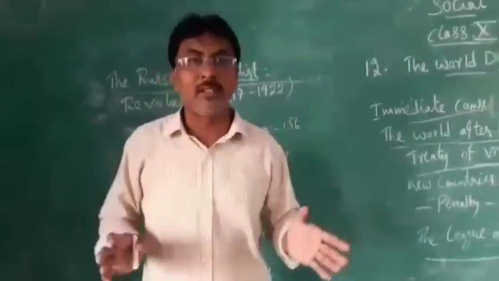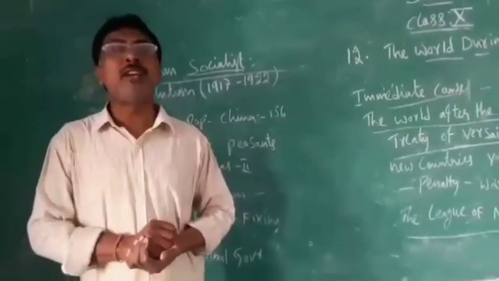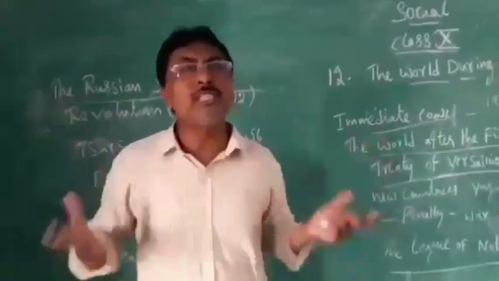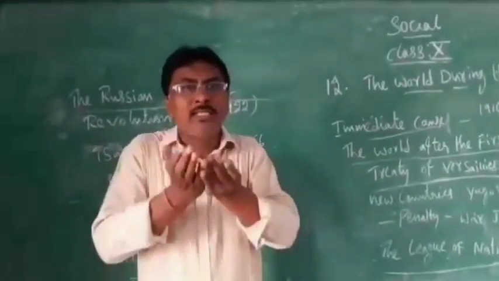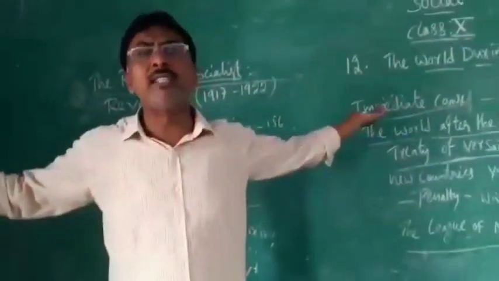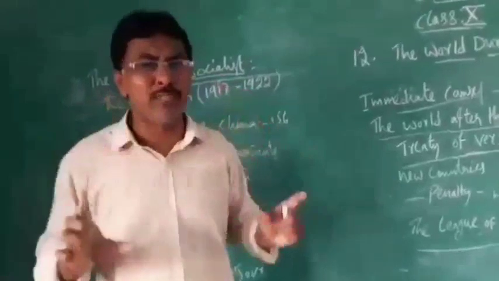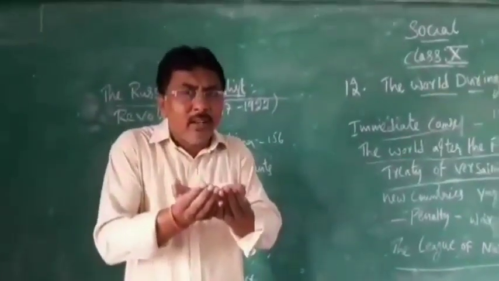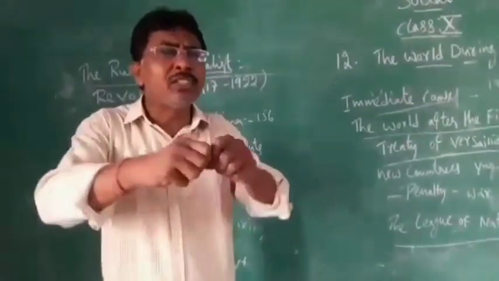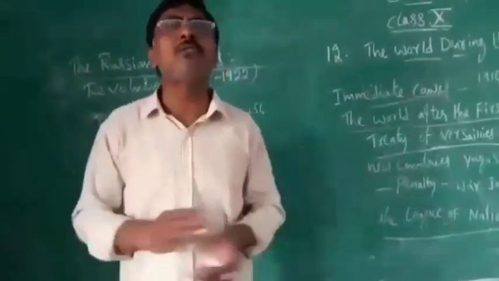Socialist means communist. What is the meaning of socialism? Socialism is nothing but the wealth being shared equally. Socialism or the socialist movement means wealth that is equally shared by all the people. That is called socialism.